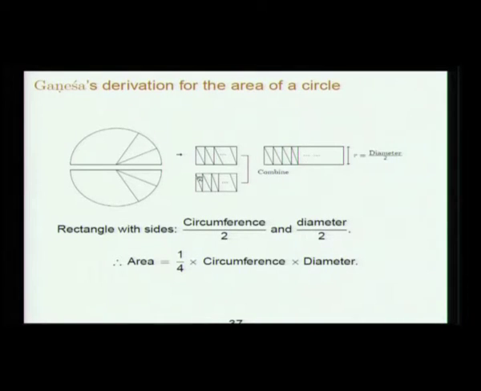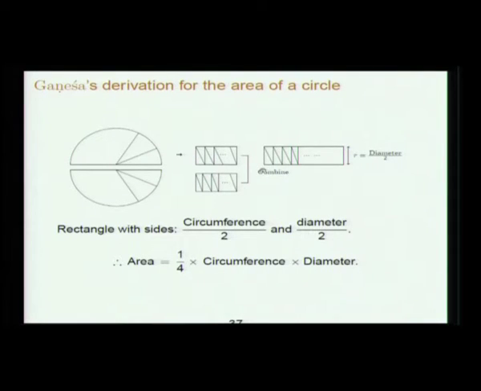Now you club them together, so they will exactly fit in, and you will get a rectangle. One side of the rectangle is diameter, and the bigger side will be the circumference naturally, right, because you are adding all these things basically.